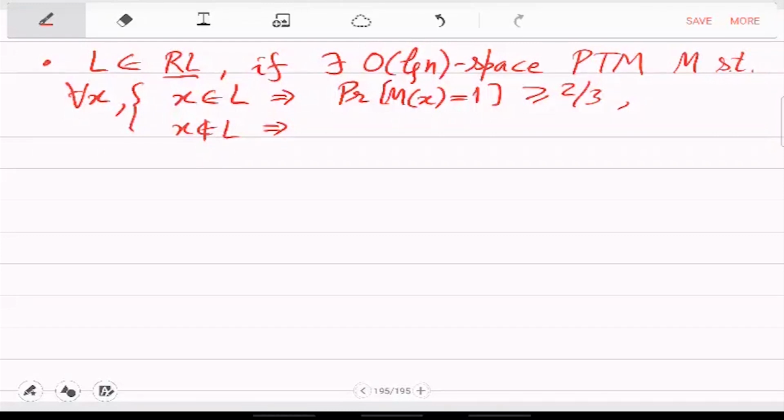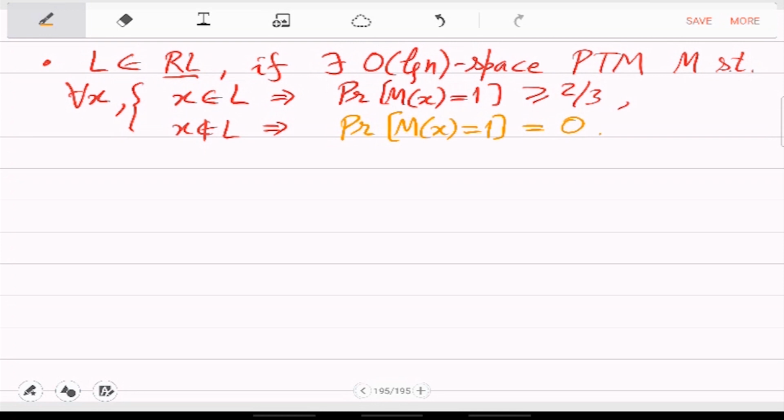Error up to 1/3 is allowed. For the no strings, no error is allowed. For a no string, you cannot get 1. You will get 0. M will always reject. If this happens, then we say that the problem is in RL.